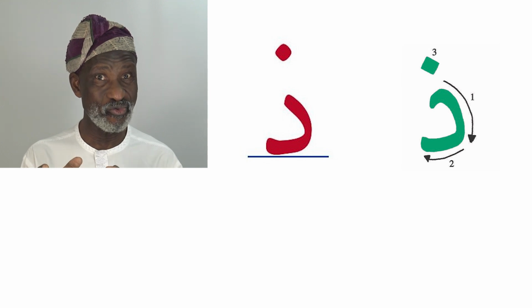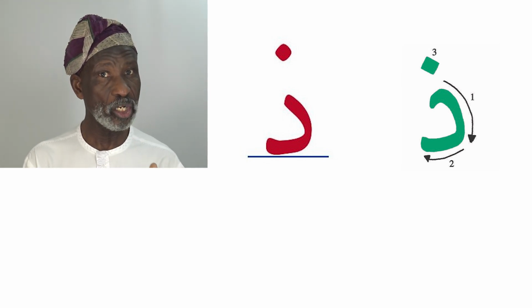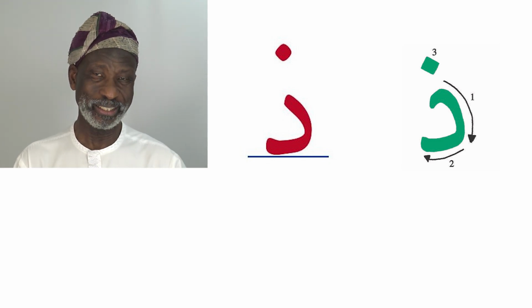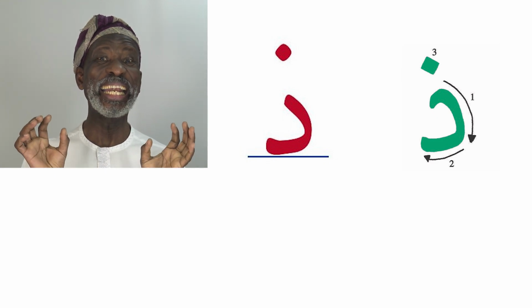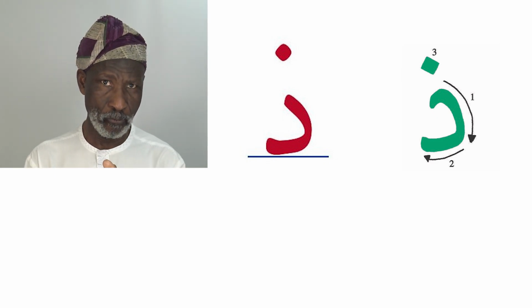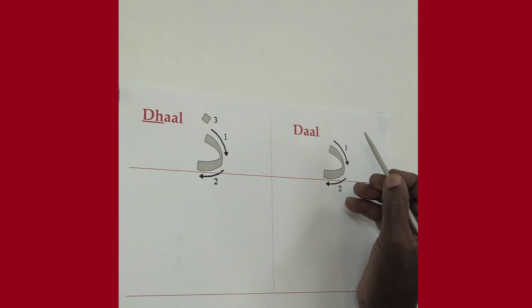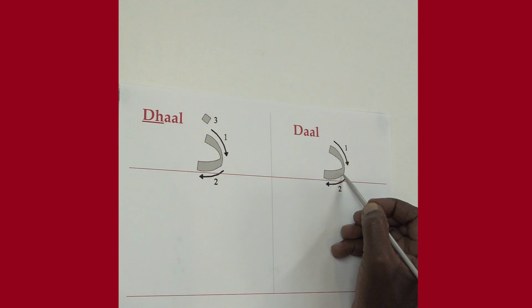You see me now writing dal and dhal. Look at my hands movement. You know, we write Arabic from right to left across the page. Here we go. Letter dal, let's trace the shape. You can see I'm following the arrow.